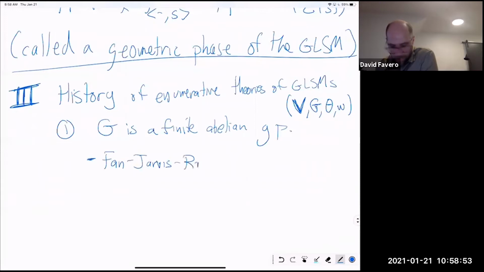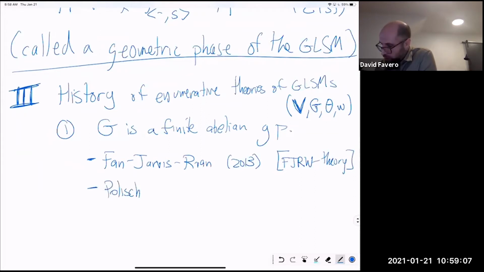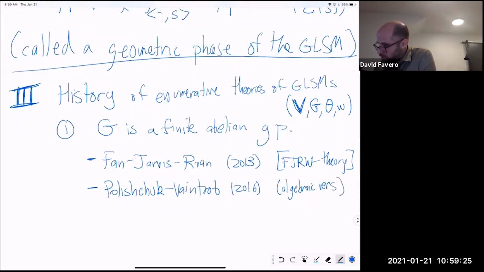And there was an algebraic version done by Polishchuk, Feintraub, 2016. Algebraic version. So I should actually move this. This all is FJRW theory.